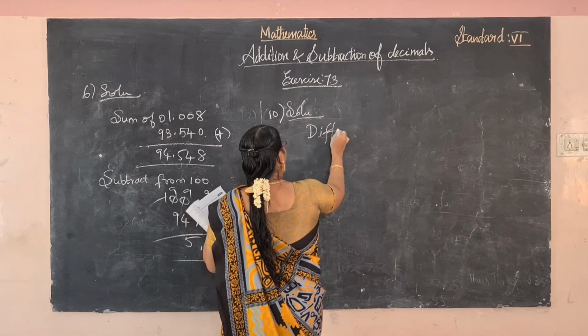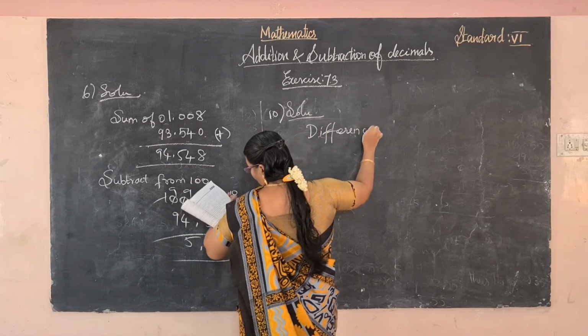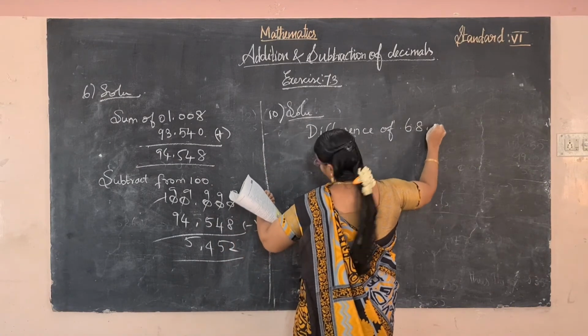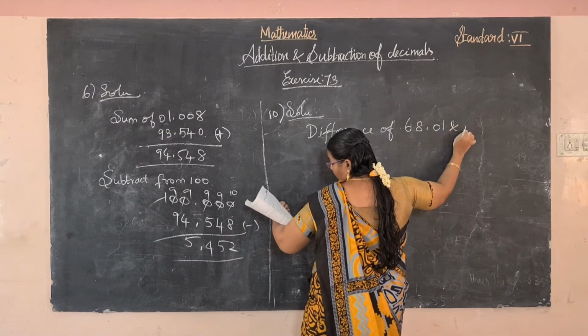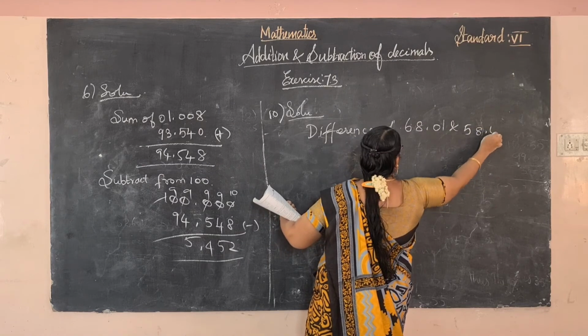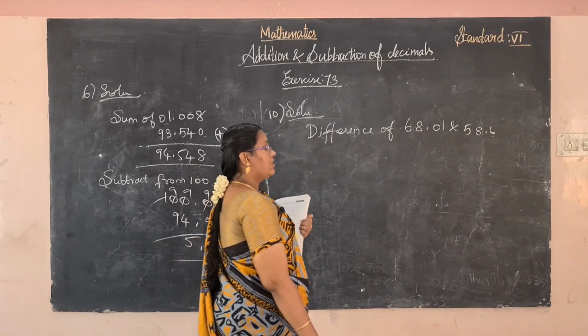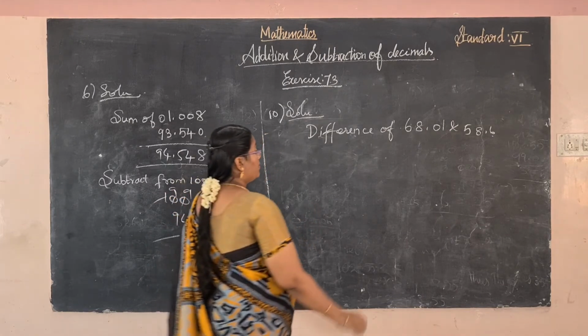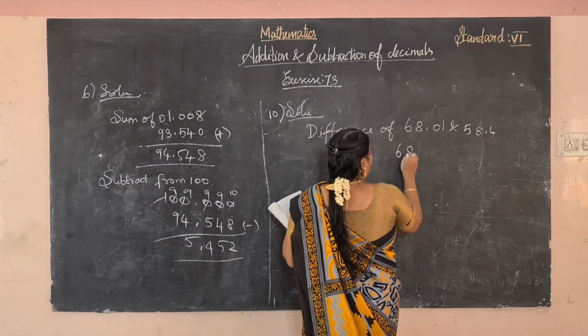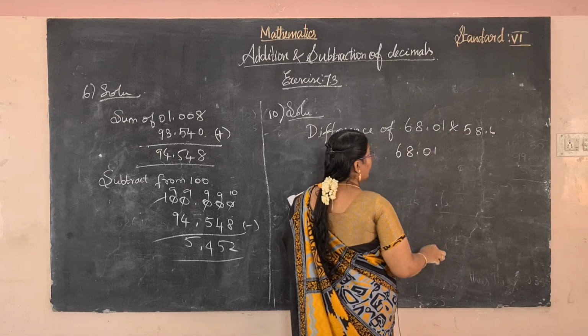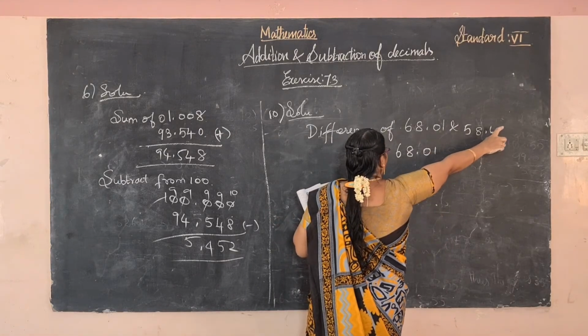Okay, first we have to find out the difference of, which are the numbers? 68.01 and 58.6. So these are the unlike decimals. So first change to the like decimal. 68.01. Here the highest decimal place value is 100. So you have added 1 0 in the right side.